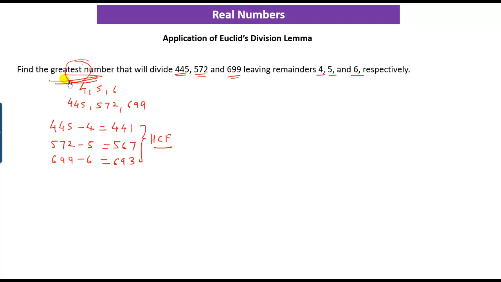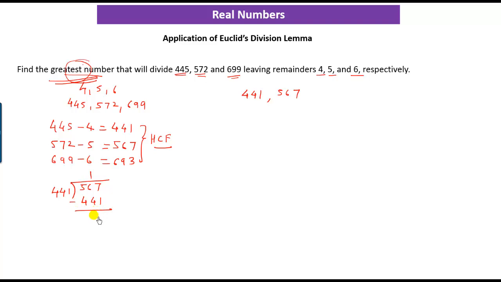So we will find the HCF of these three numbers. First we will take the two numbers 441 and 567. So divide 567 by 441. So it will be 441 ones are 441.